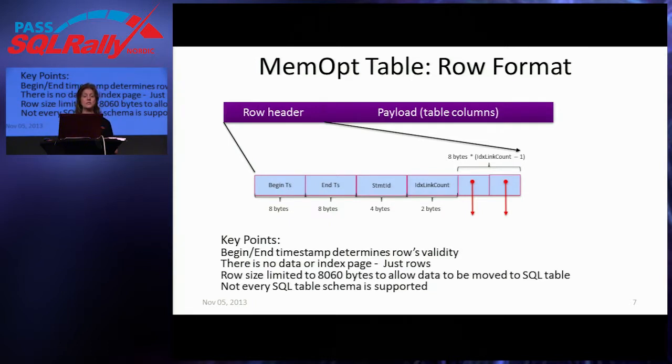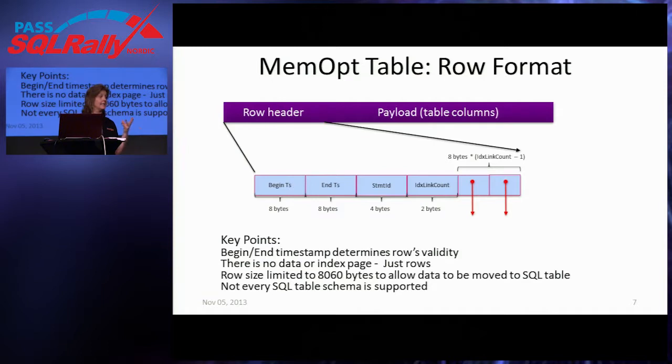Every row that's inserted has a begin timestamp, which is the time that row was inserted. It's the time that the row is actually valid from, and then it has the time that that row is valid to, the transaction that actually removed that row.